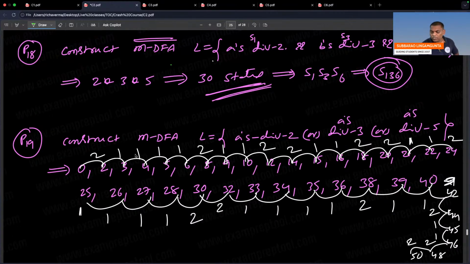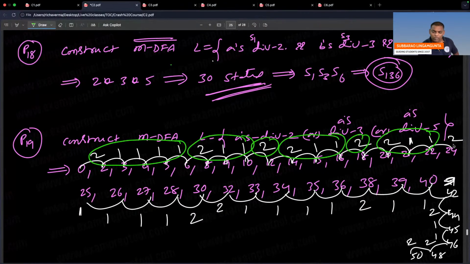Right? 2 first time four 1s. 2, two 1s. Afterwards 2 2. Afterwards 2 followed by double 1. Double 1, again 2 2. Again 2, 2, double 1. Again 2, six 1s?